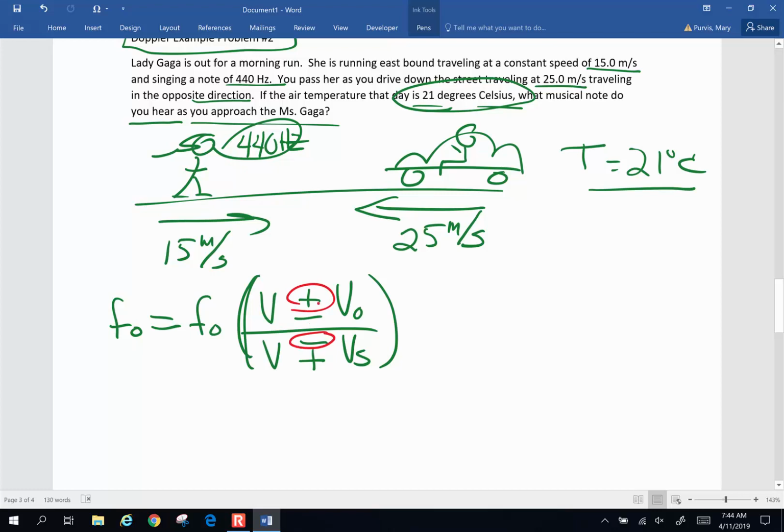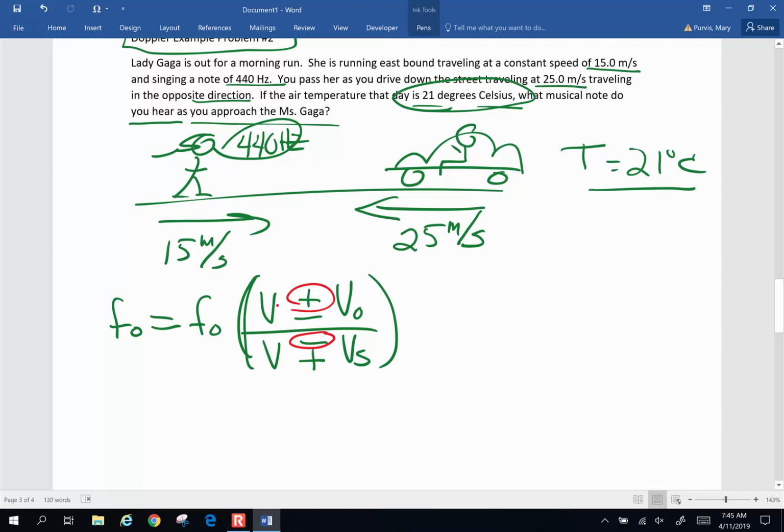Now remember, if you just choose the correct pair of signs in the Doppler equation, you do not have to change the positive or negative of either velocity when you plug them in. Let the equation do the positive and negativeness of the relative velocities, then you don't have to worry about it. And I kind of like not having to worry about something.